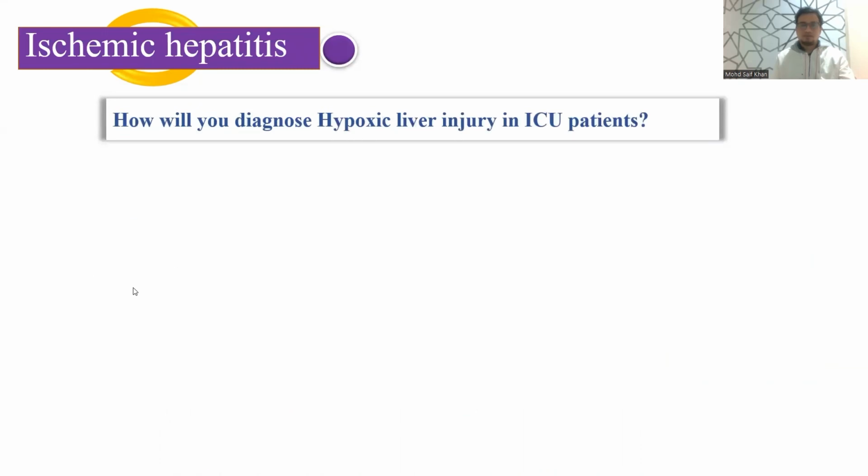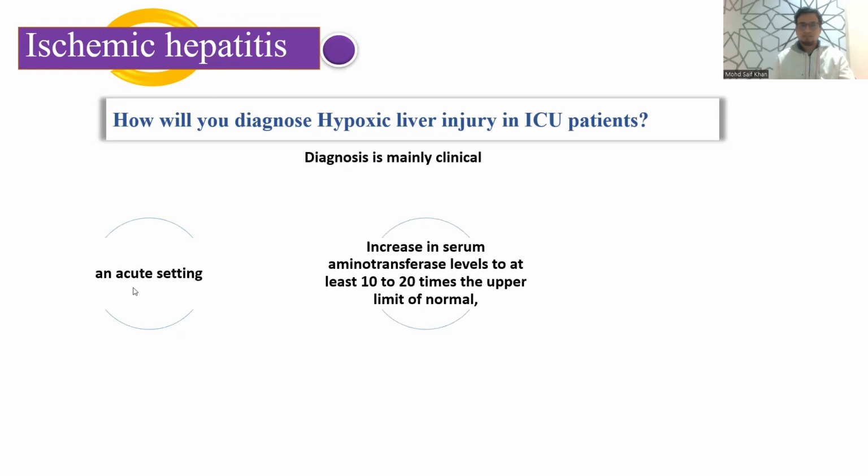HLI is usually characterized by three clinical cornerstones: an acute setting of cardiac or circulatory or respiratory failure, so there should be an acute setting; a sharp but transient rise of more than 20 times the upper normal limit of aminotransferases; and an exclusion of other potential causes of liver injury or increased aminotransferase levels, such as viral hepatitis, drug-induced hepatitis or autoimmune hepatitis.